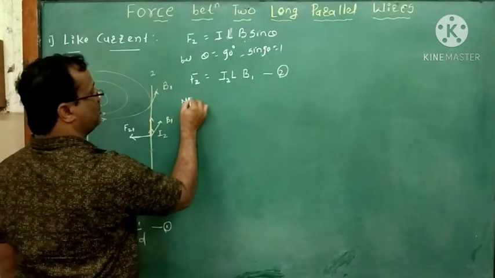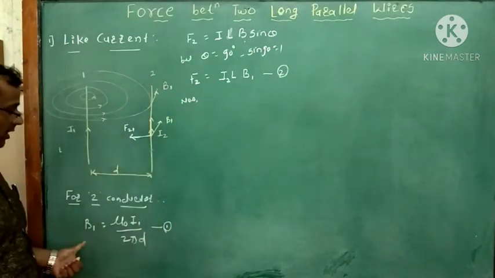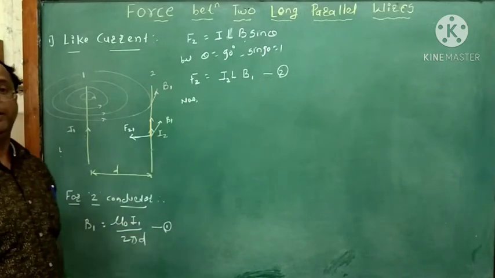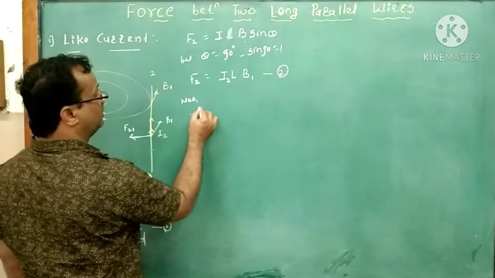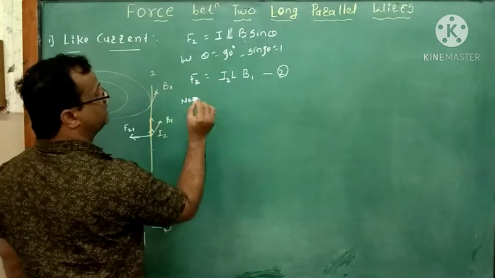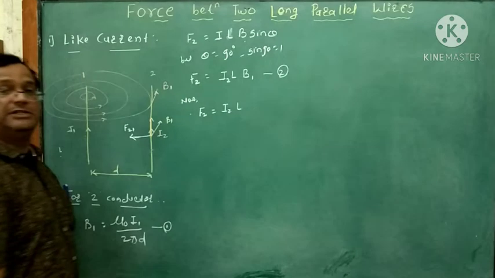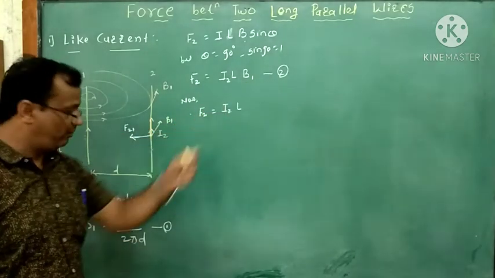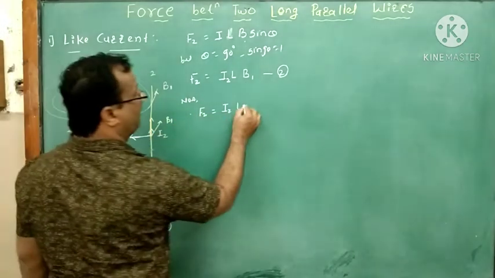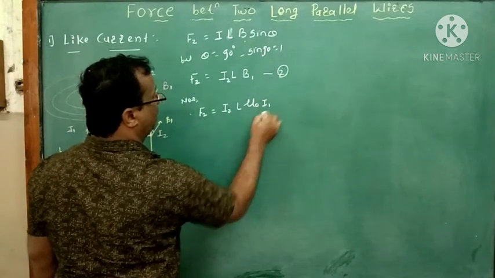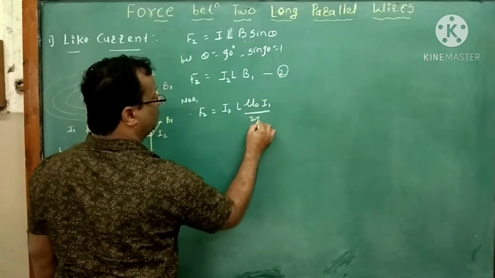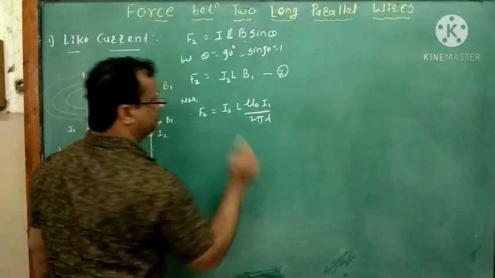Now we want to substitute equation 1 in equation 2. Therefore F2 is equal to I2, L as it is, but the value of B1 is mu 0 I1 upon 2 pi d.